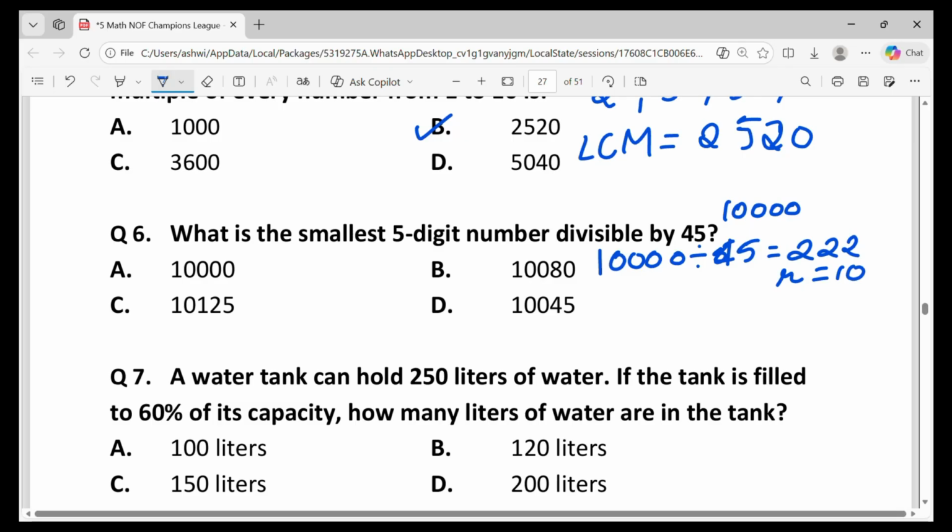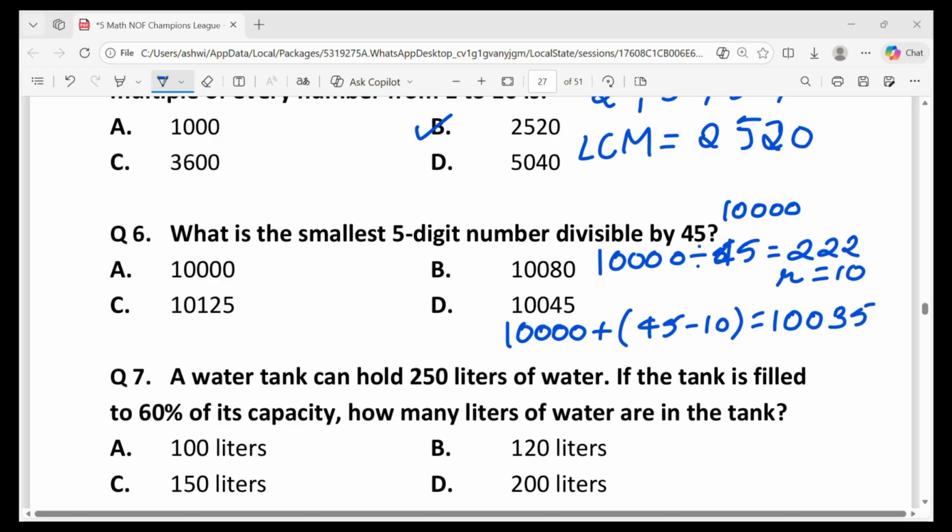That will be 10,000 plus 45 minus 10, that will equal 10,035. However, this is not an option. So the next smallest number divisible by 45 is option B, 10,080.